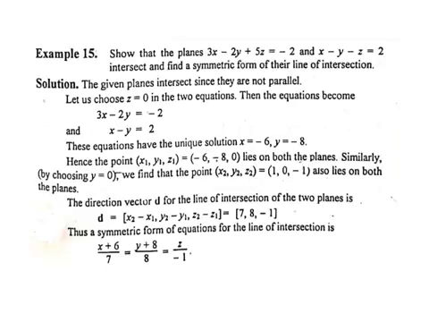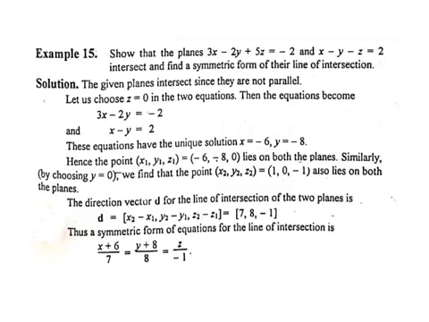Similarly, by choosing y equals 0, or you can also take x equals 0, whatever you like, in order to find any arbitrary point which lies on these two planes, we find the point x2, y2, z2 equals 1, 0, minus 1.